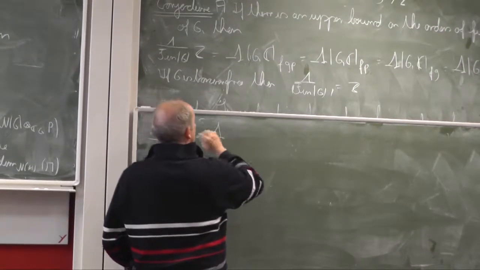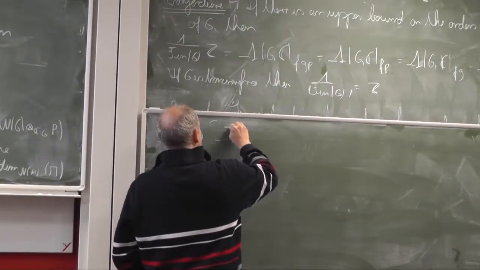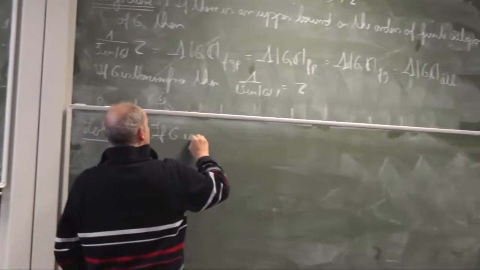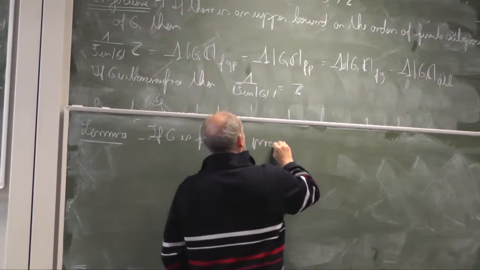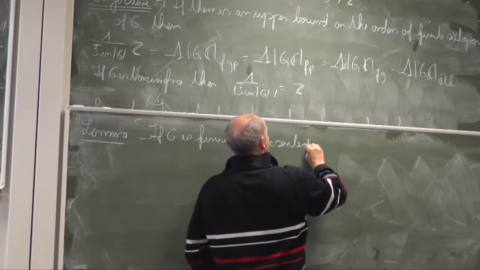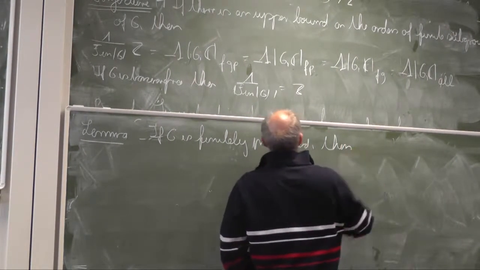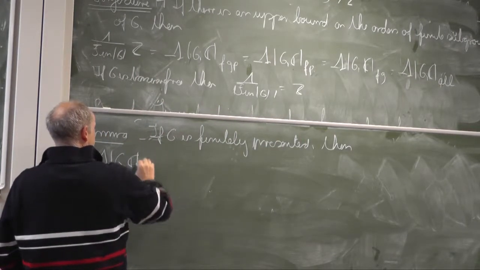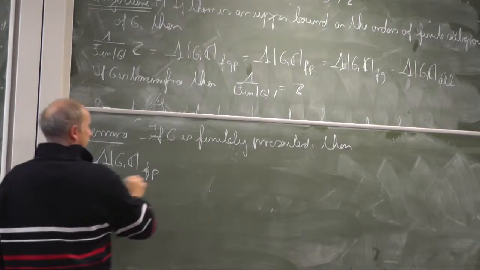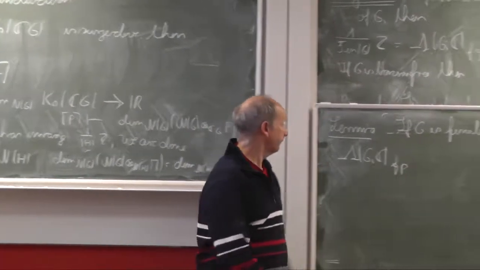So if G is finitely presented, let's say, then this group, and now notice I take finitely presented, right? But I said before there was finitely generated projective. I go here.